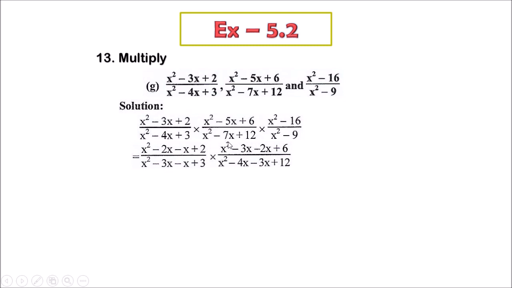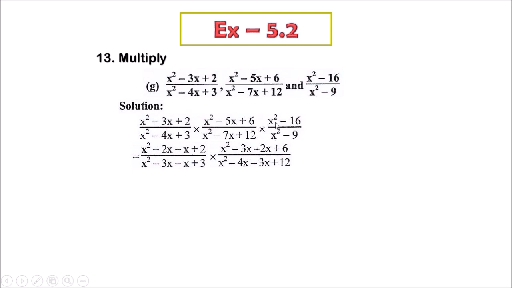And in the denominator, the same way, if I break 7x into 4x and 3x, we will get 7x, and if you multiply minus 4x minus 3x, you will get 12. We know how to break the middle term. We learned it in chapter 4.3 and also in class 7. So I think you all know how to break it.